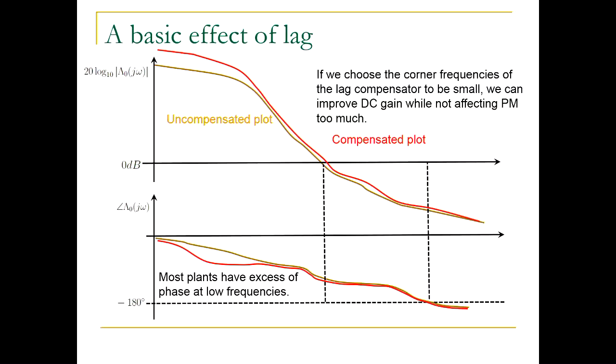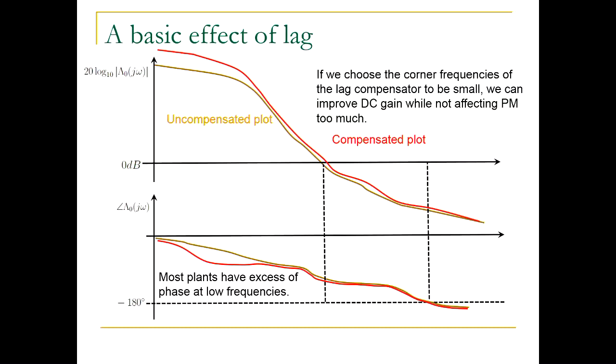And then what we are gaining by doing this, well, the gain at low frequencies can be increased without affecting too much the phase margin and the crossover frequency. So this is the basic application of lag. We won't do that in today's lecture. We will use lag in a different way to achieve something else because of the type of example that we are given. But this is the basic sort of way in which you use lag compensation.